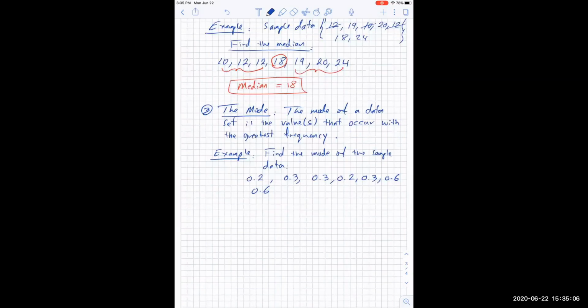You can see that we see repetitions here in our data values, but which one of these data values is repeated the most? You can see that it is the 0.3. There's one here, another one here. This is the one that has the greatest repetition, greatest frequency. So the mode is 0.3.